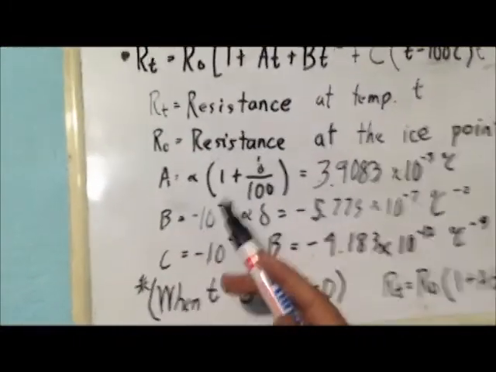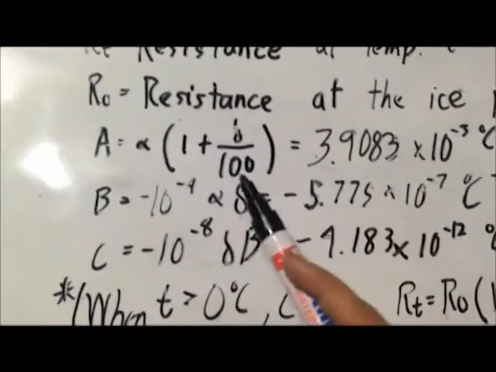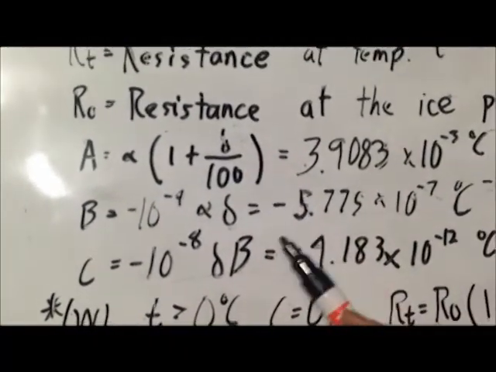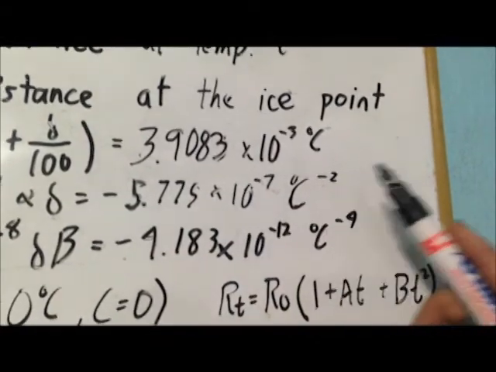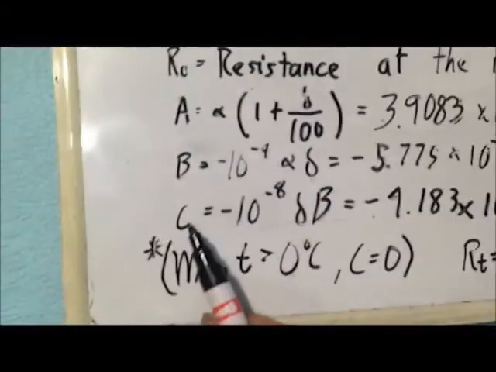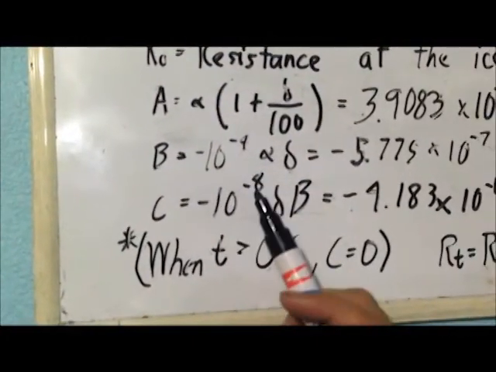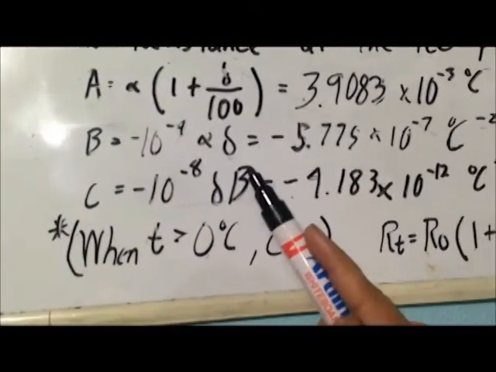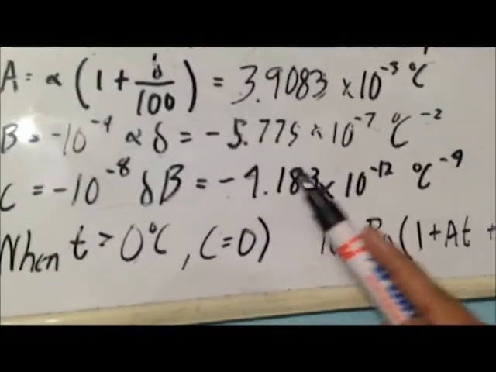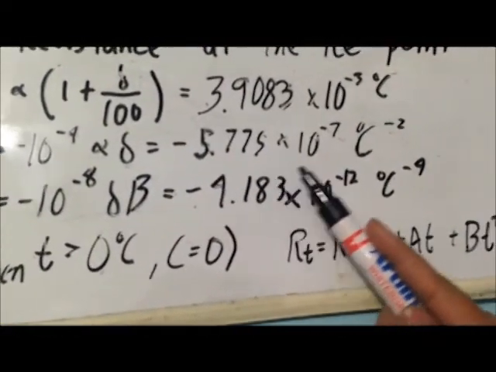A is equal to alpha(1 plus delta over 100), which is equal to 3.9083 times 10 to the power of negative 3. B is equal to negative 10 to the power of negative 4 multiplied by alpha delta, which is equal to negative 5.775 times 10 to the power of negative 7.